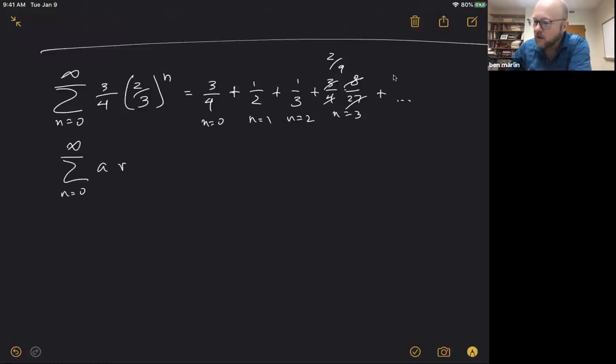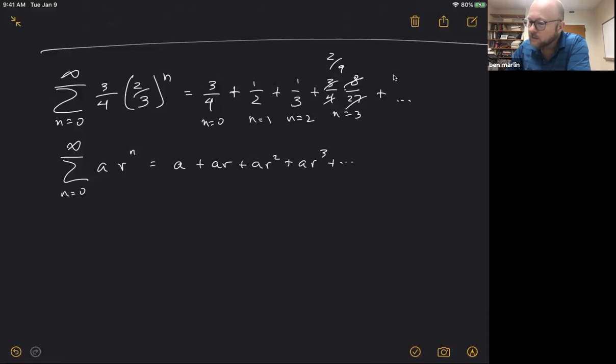And then we use R for ratio because we're always talking about a fraction, and that's to the nth power. So we would have A plus AR plus AR squared plus AR cubed plus ... and it continues forever.